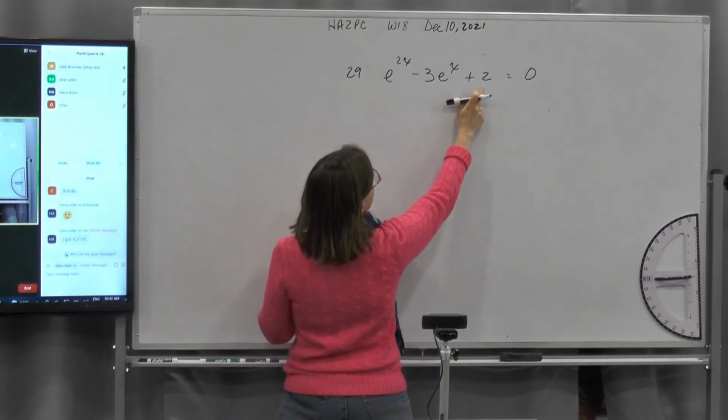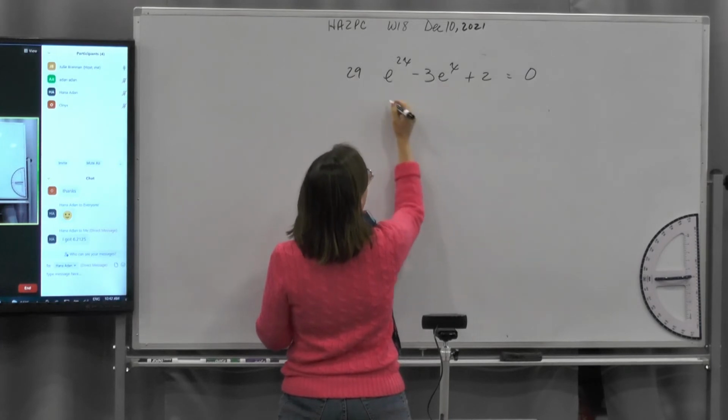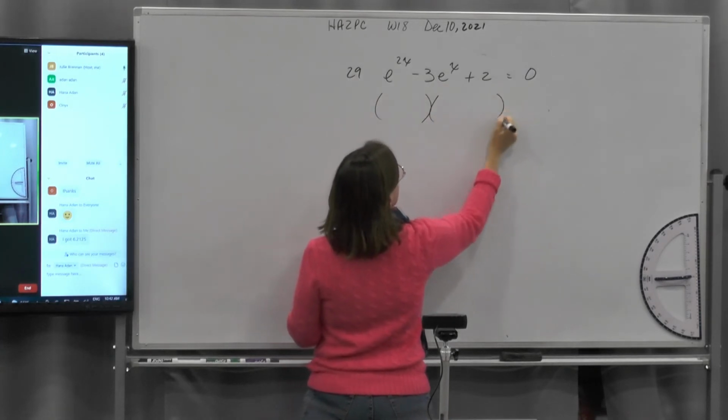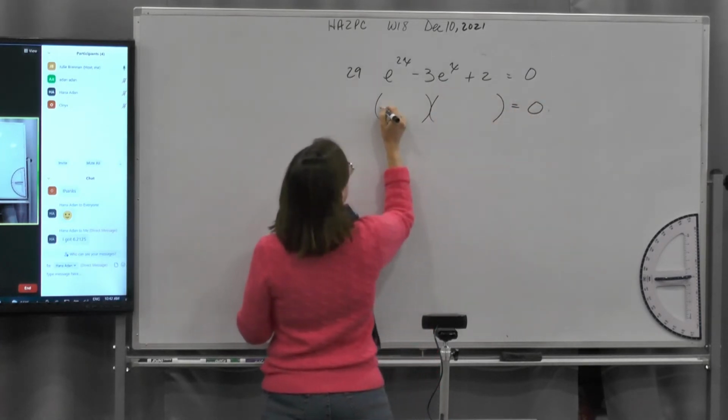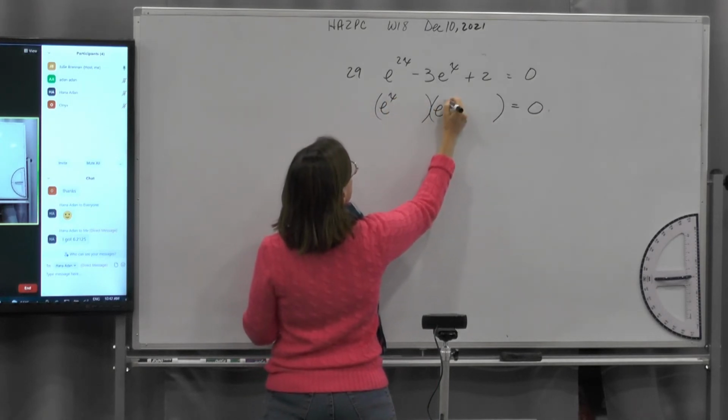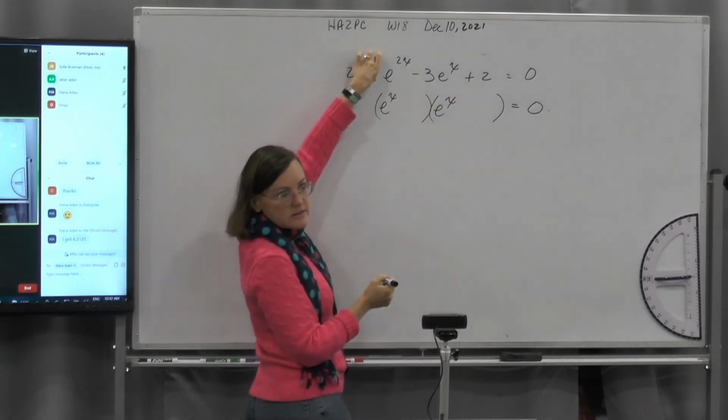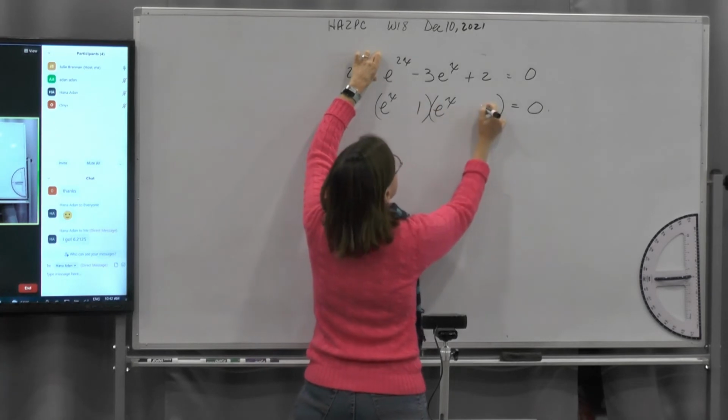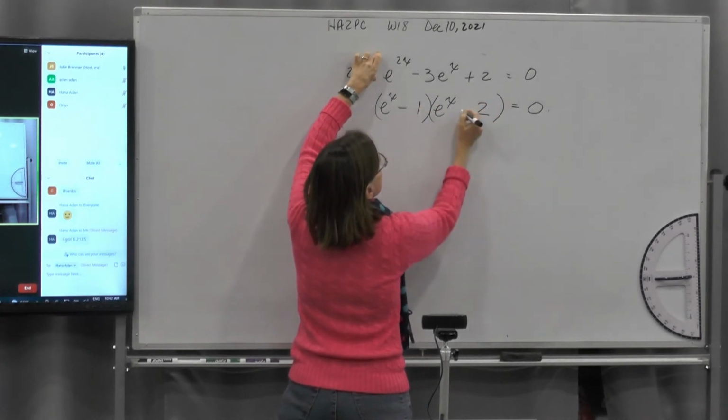I'd say, hey, yeah, -1 times -2, that would work. So I might just go ahead and do this. If I do e^x times e^x, that's what's going to give me e^(2x), and then I have my 1 times my 2, negative, negative.